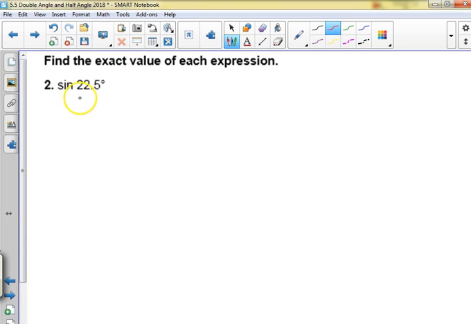Okay, sine of 22.5. They want us to practice using one of these formulas. What is this half of? 45, right? So we're going to do the sine of 45 over 2. So what's the formula for a half angle?